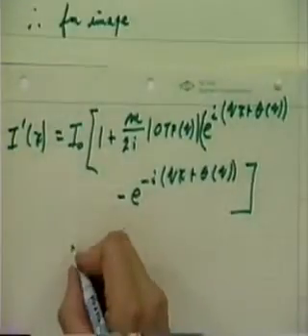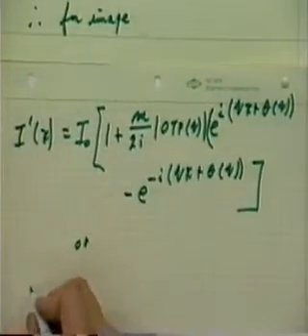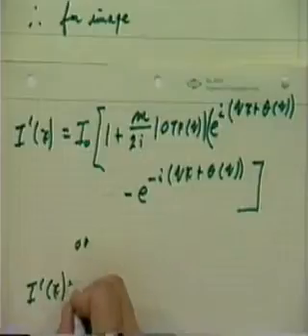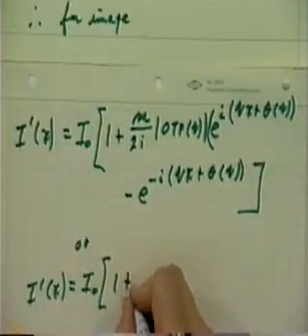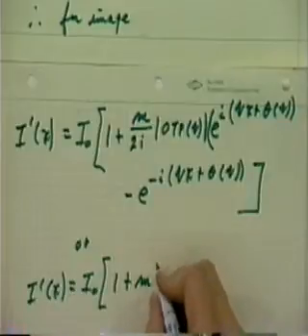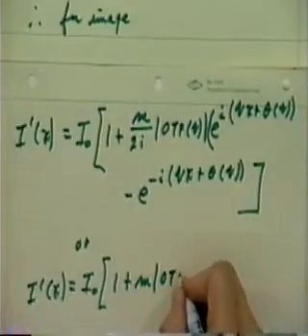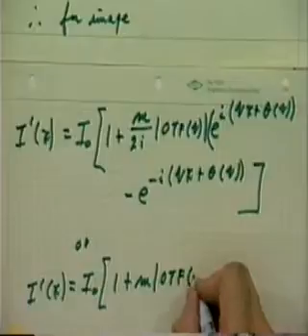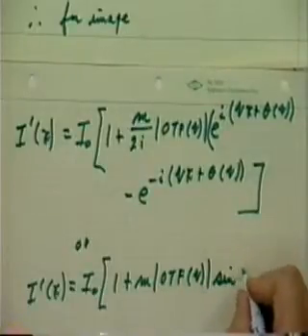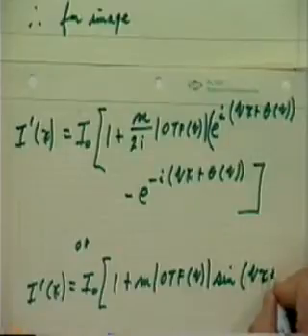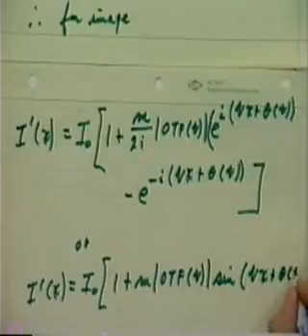And so what we have here is that the image, I prime of x, is I naught times 1 plus m OTF of nu sine nu x plus theta of nu.